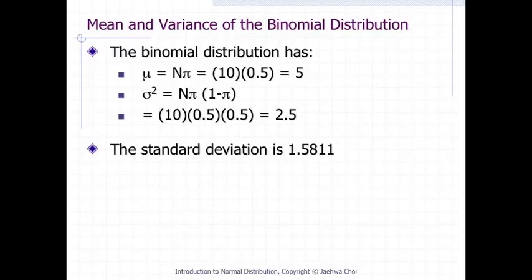The mean is therefore 10 times 0.5, which equals 5. The variance is n pi times 1 minus pi, which equals 10 times 0.5 times 0.5, which equals 2.5. The standard deviation is 1.5811.